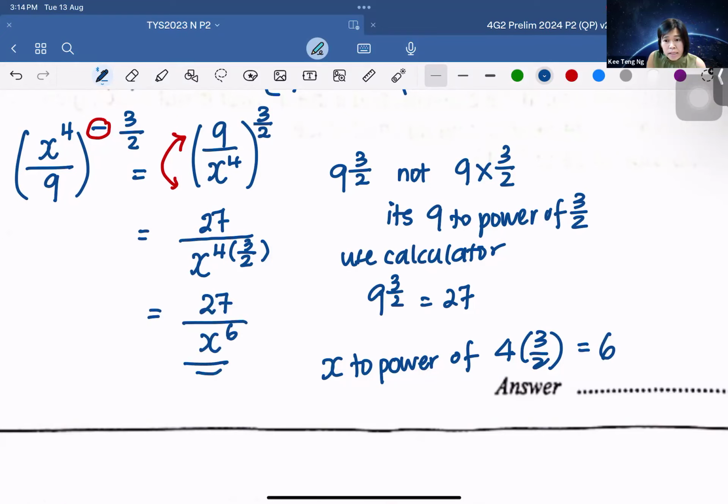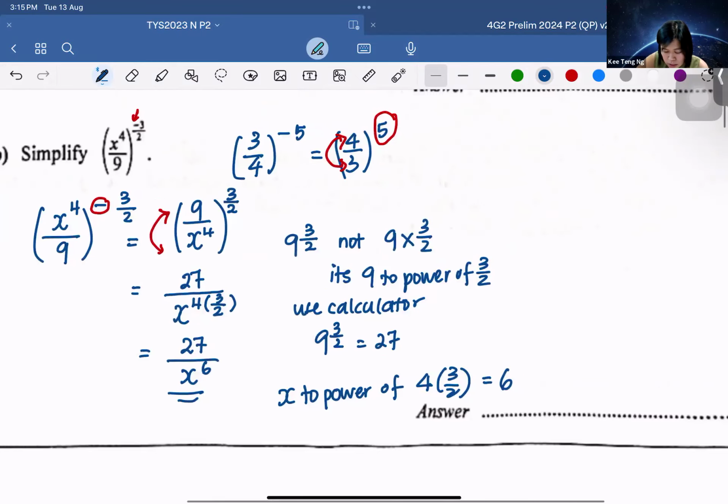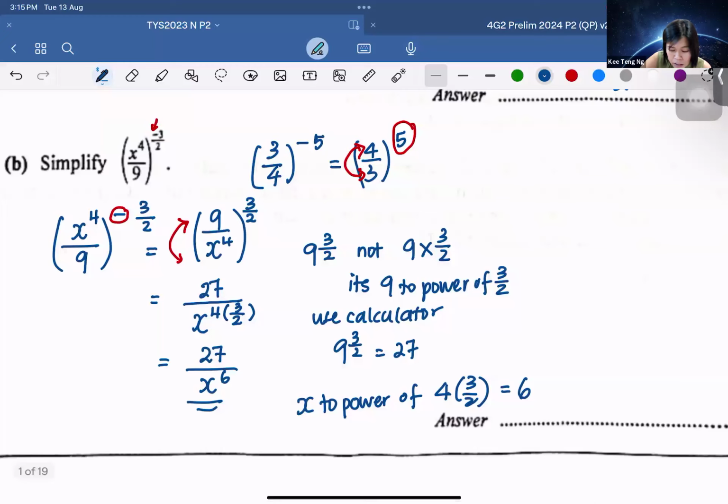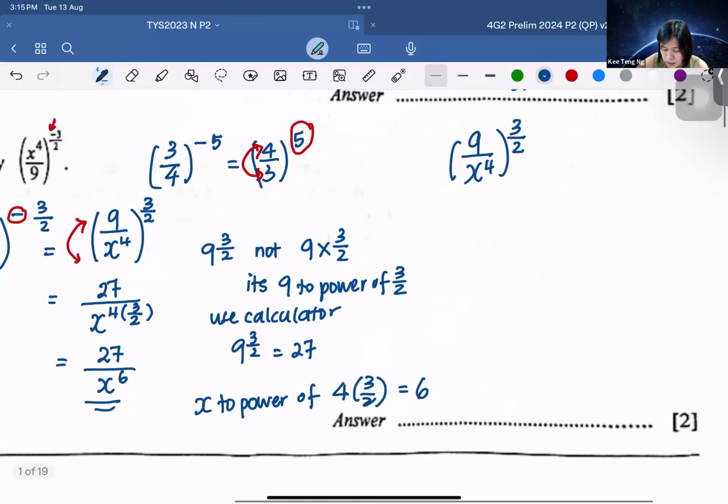Is this okay? Okay, slowly. If you need me to repeat, I can repeat again. But some of them do a different manner. I noticed in the previous worksheet, some of you do it slightly differently. Another way to interpret this: after I flip my fraction, I got 9 over x to the power of 4, to the power of 3 over 2. What does this mean?